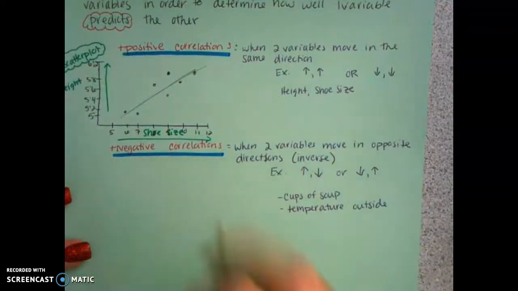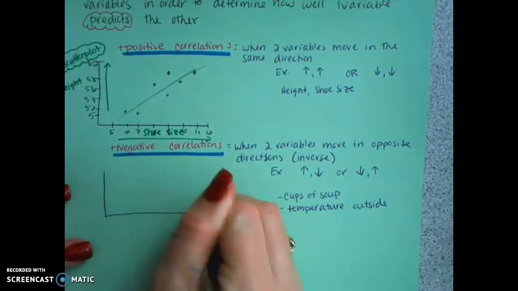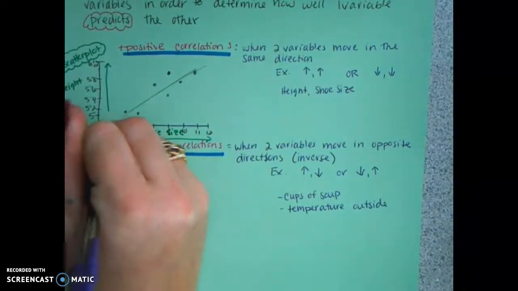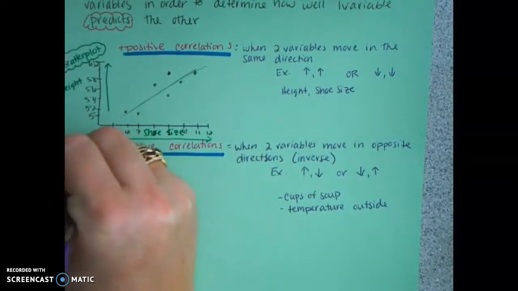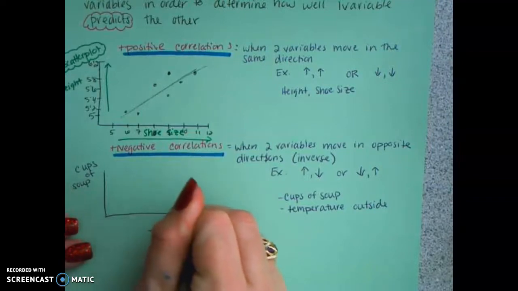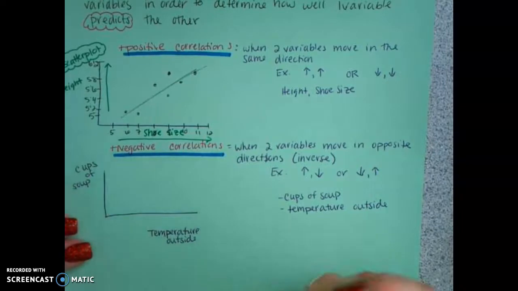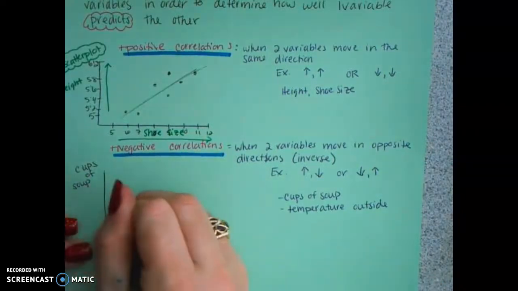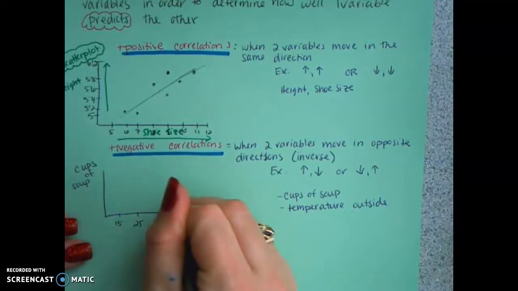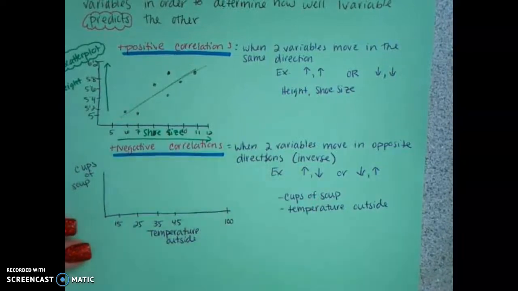And if you were to graph this, over here on the other side, I'll graph it. So let's do cups of soup on the vertical axis, and then the temperature outside on the horizontal axis. So let's say 15 degrees, 25 degrees, 35 degrees, 45, and this could all go all the way up to like 100 degrees outside.